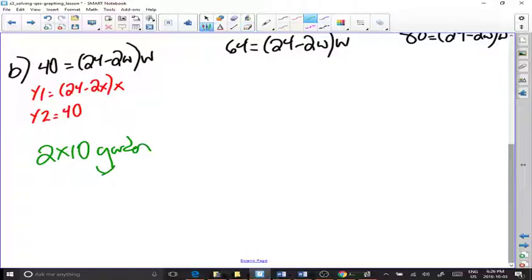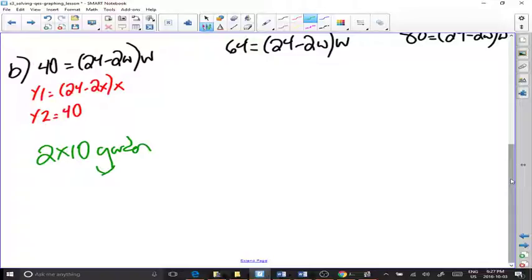Because technically we associate the longest side with being the length and the shortest one with being the width. So a 2x10 garden would give us an area of 40.